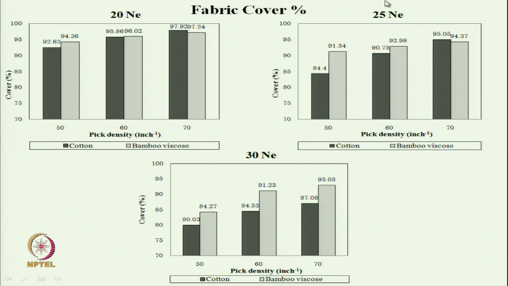The clear trend was observed in case of 30s count. It has been observed that the cover factor of bamboo viscose is higher than the cotton for all the pick densities. This has given us one clue why the cover factors have increased.